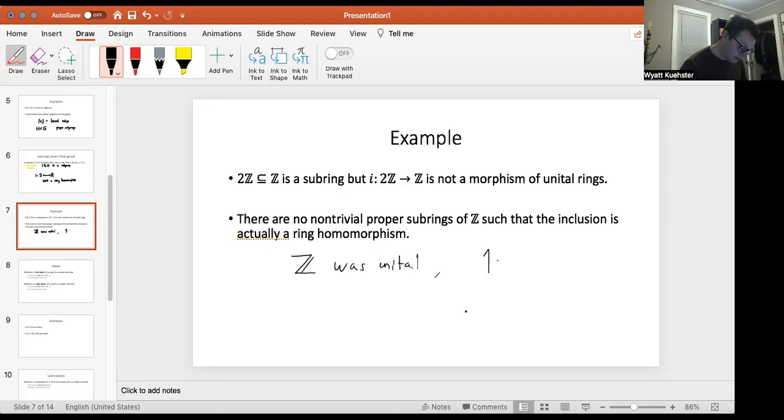And 1 was the element that if you multiply anything in Z by 1, you just get itself. 2Z, however, is not unital.